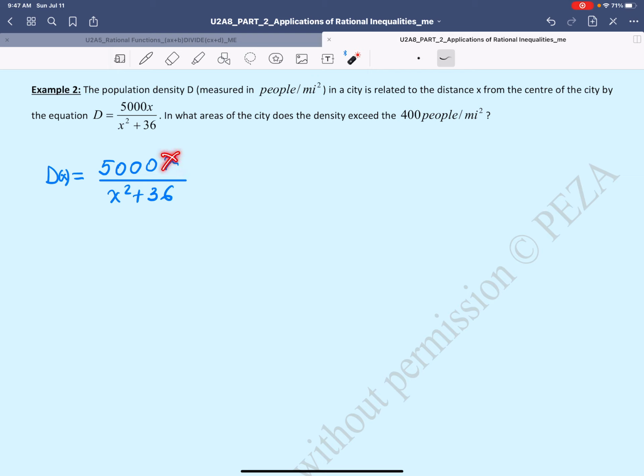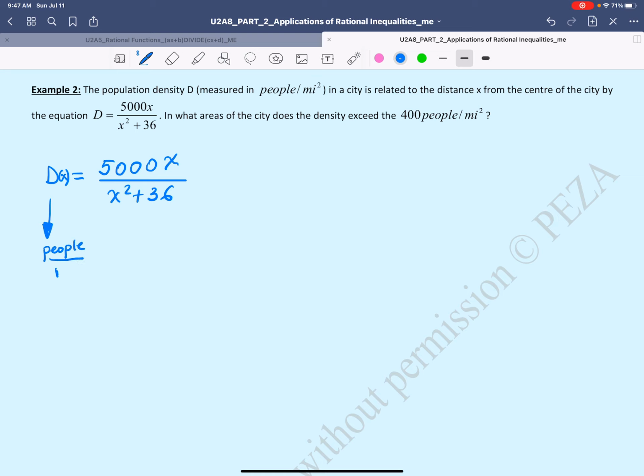I will reread the problem now with the intention of finalizing my understanding of what x is and what d is. So what do they represent? The population density is measured in people per mile squared. So we are talking about density, or d of x, which is measured in people per mile squared.